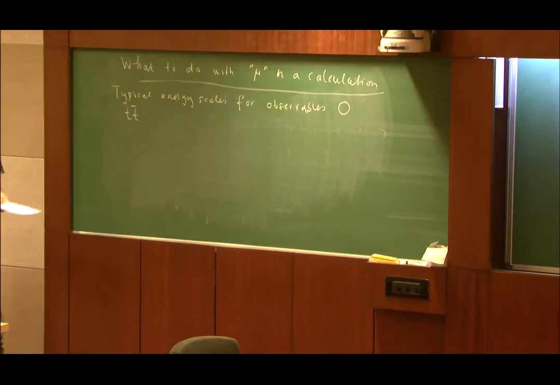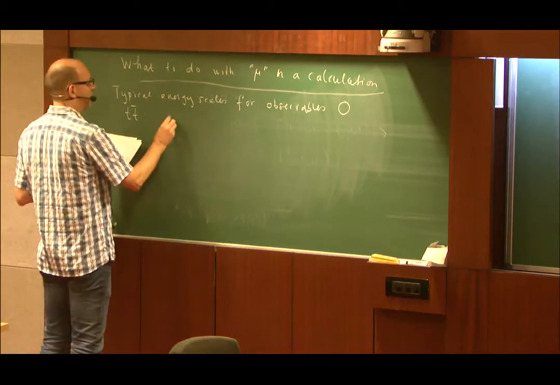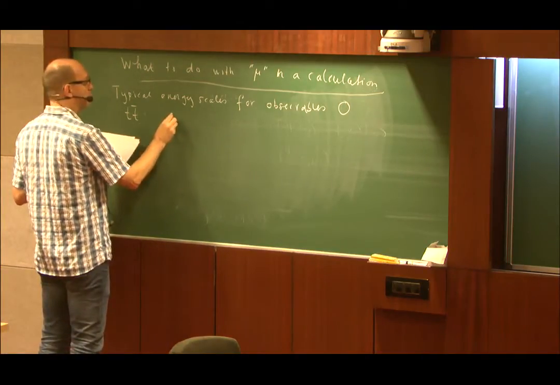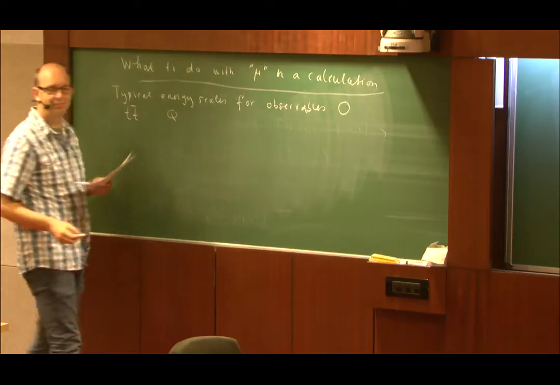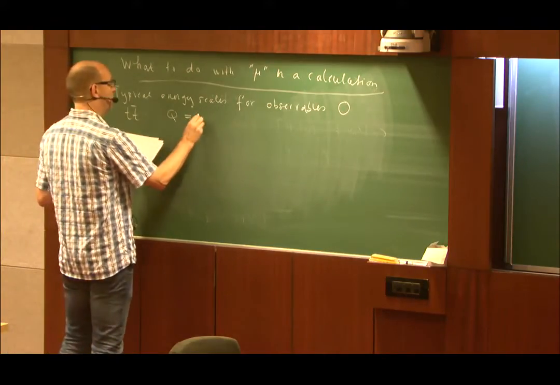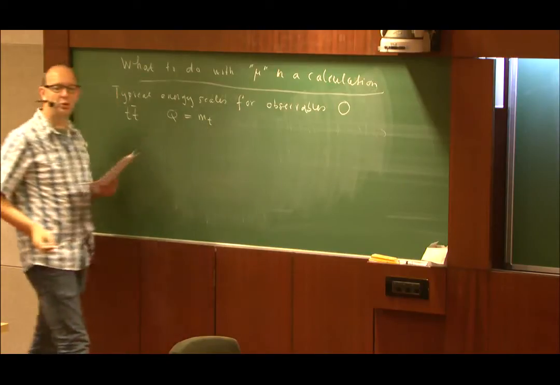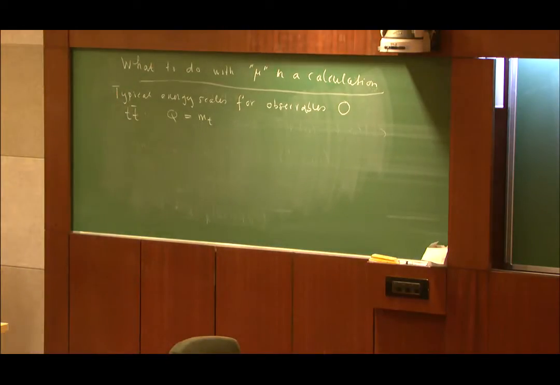The typical energy scale when you do t tbar production, let's call that energy scale Q again, is the mass of the top. That would be a good choice. It's not necessarily the only choice. You could also think of the mass of top and antitop, or the invariant mass of the top pair, but this is a typical choice.